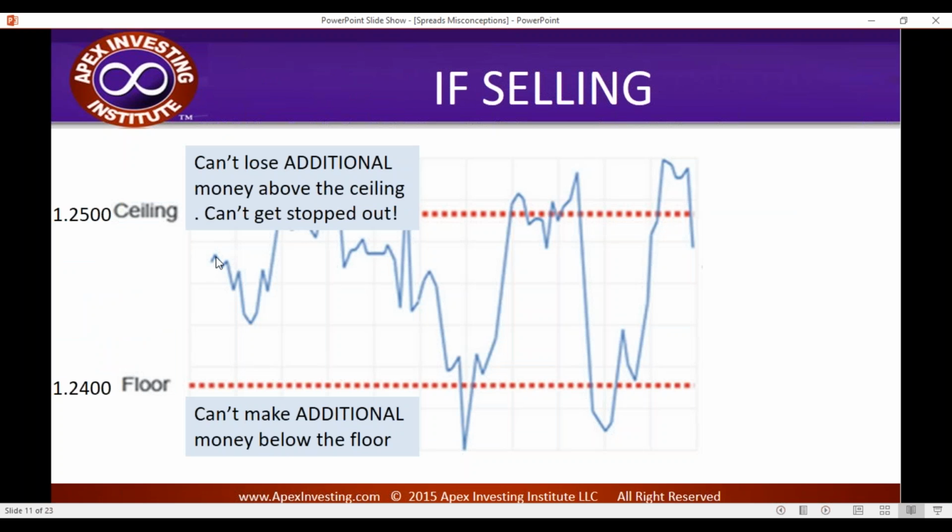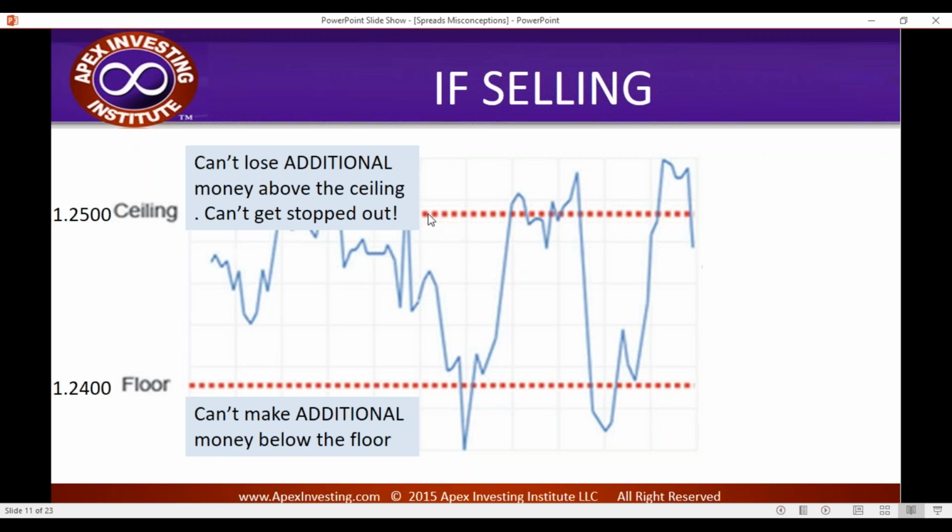Let's take a quick example of how a spread actually works. Say we're going short. We're selling a spread because we think the market's going down. We can't lose additional money above the ceiling. If I'm wrong and the market goes up, the ceiling caps my risk.